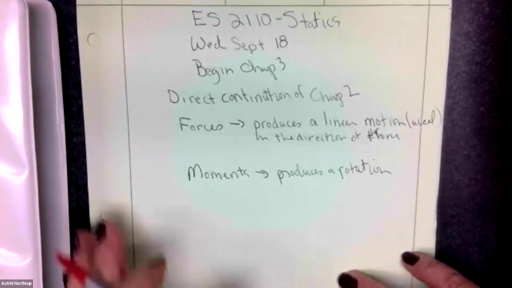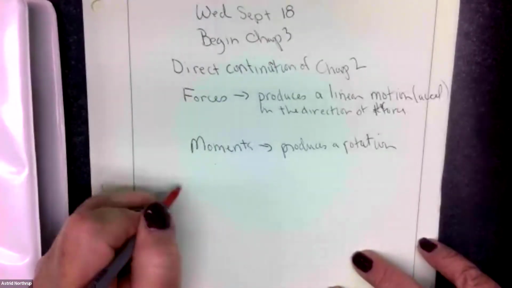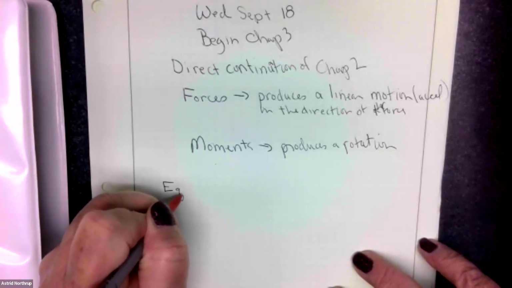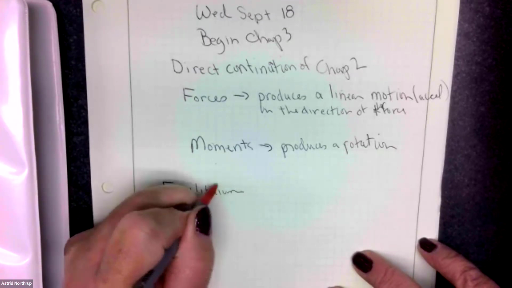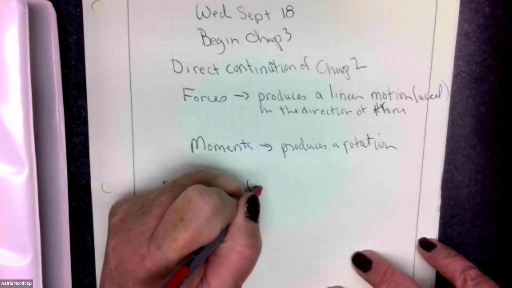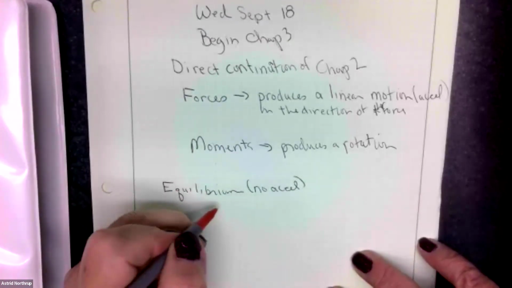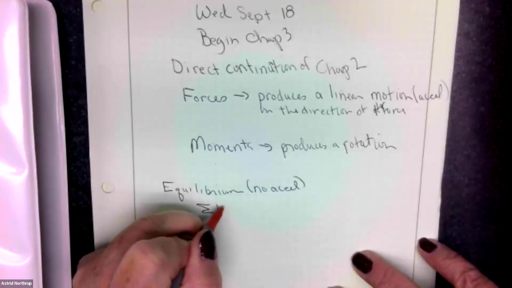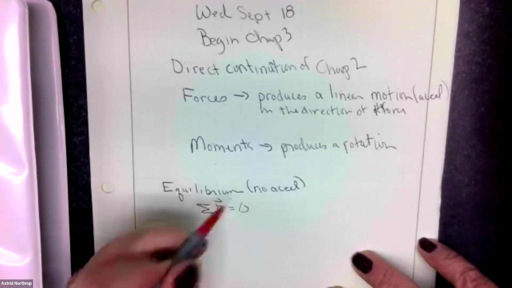So mathematically, in order for equilibrium to occur, which means no acceleration, we can say that the summation of forces in all vector directions has to equal 0.